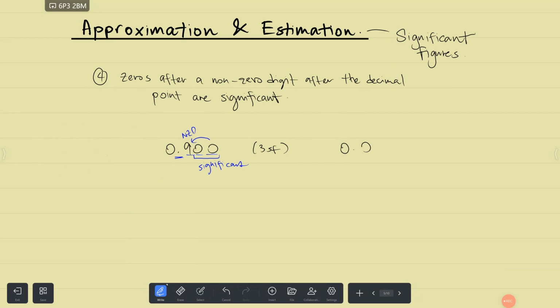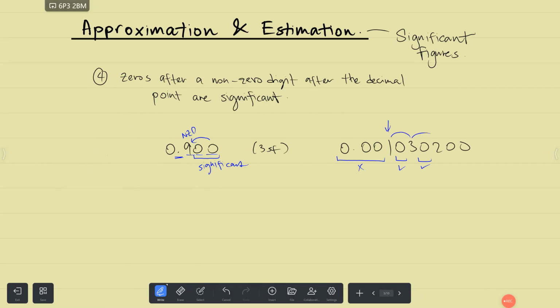Okay, so next one to try. 0.001030200. These are insignificant because they are before the first non-zero digit. This 0 is significant.